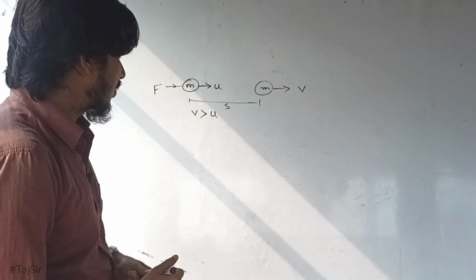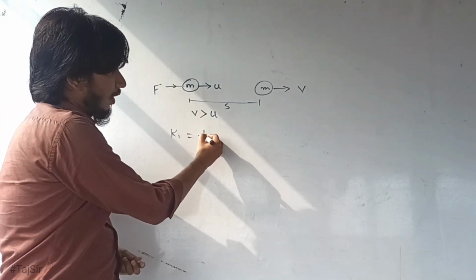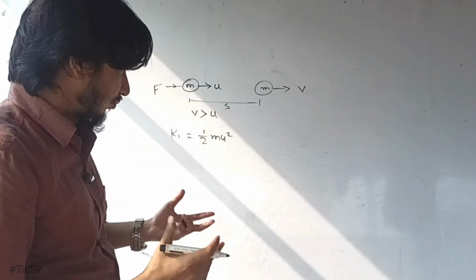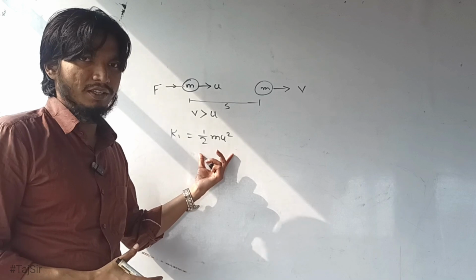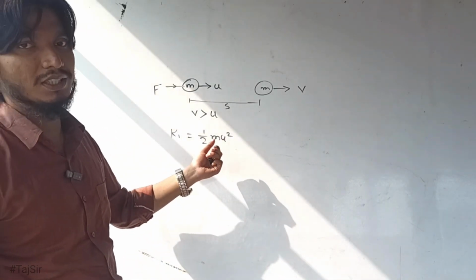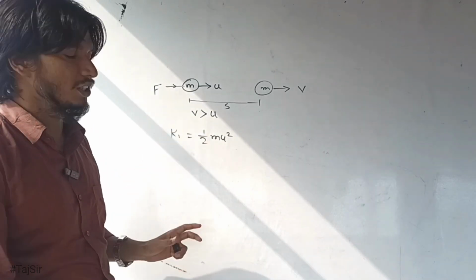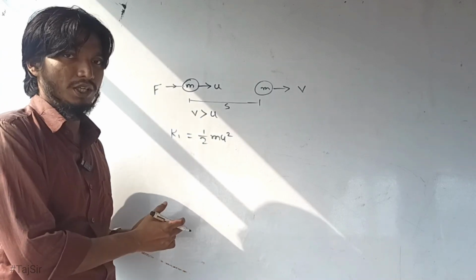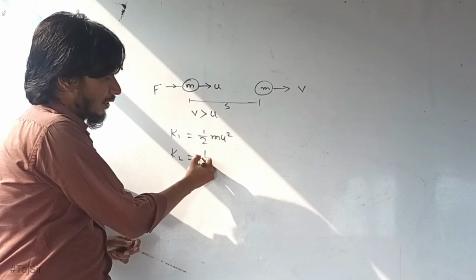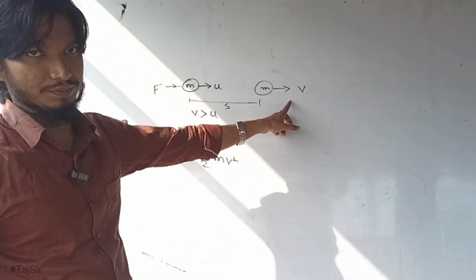So initially kinetic energy was half m u square. This is the general formula of kinetic energy, half mv square, but here our initial velocity is u, therefore we can write kinetic energy half mu square. This is initial kinetic energy, and after some time its kinetic energy changes to k2, and that will be half mv square, with the final velocity.